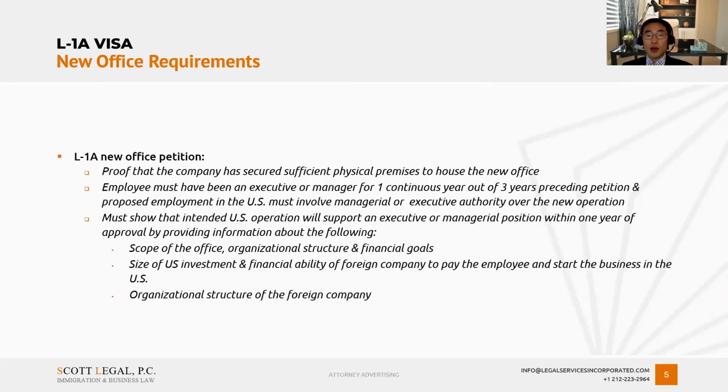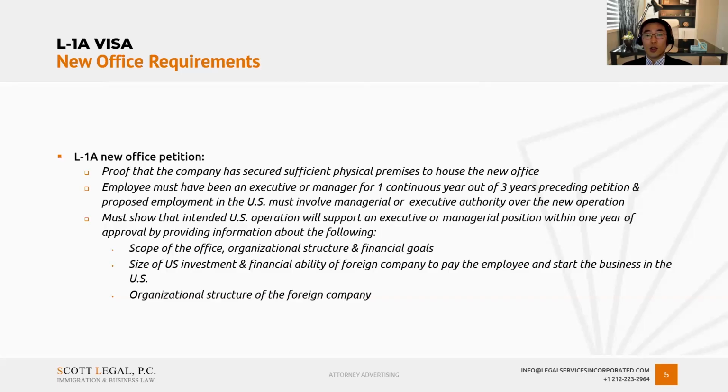I'll give you an example. If your business plan states that the US company will hire 10 employees within the next 2 years, then the leased office space should be large enough to reasonably accommodate this much expansion within 2 years.